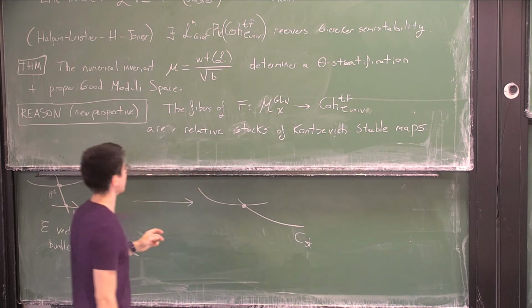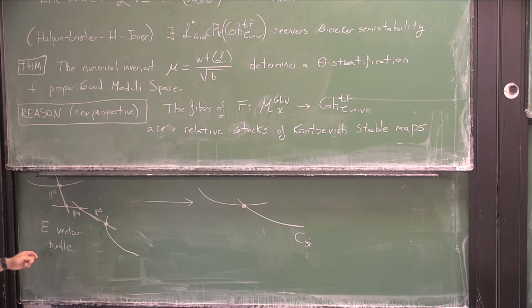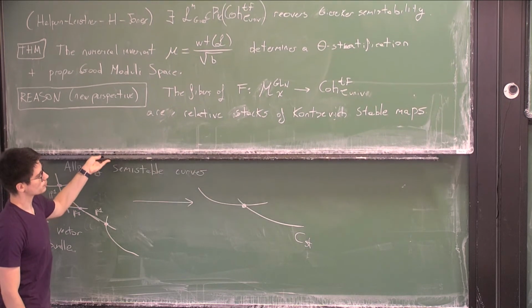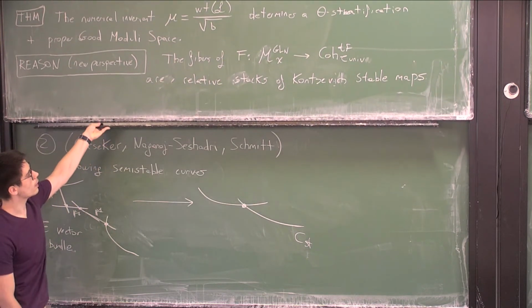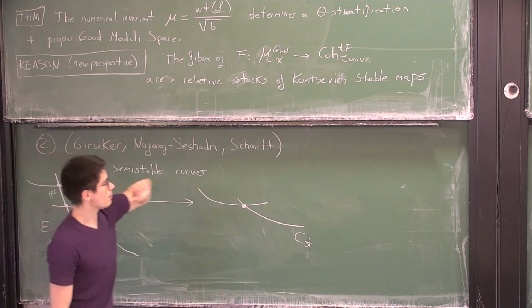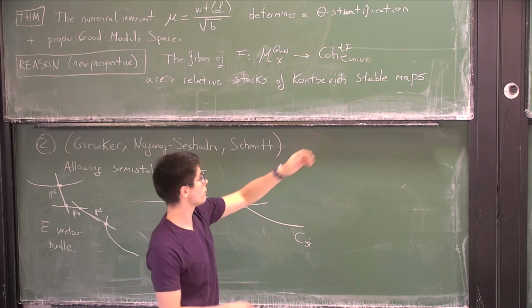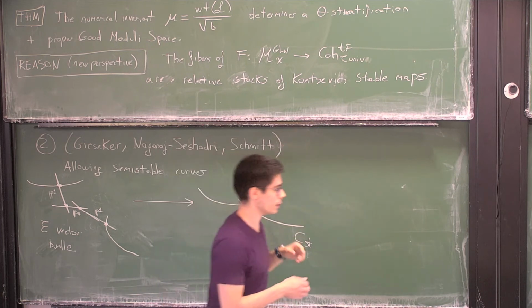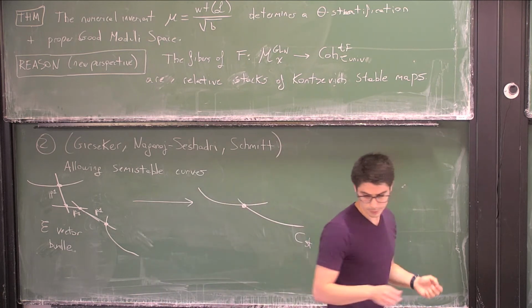Well, I'm about to explain what it is. But it's some kind of universal space that is going to give you a functorial minimal way of blowing up a variety, or one of these curves, in order to resolve the singularities of a torsion free sheaf.